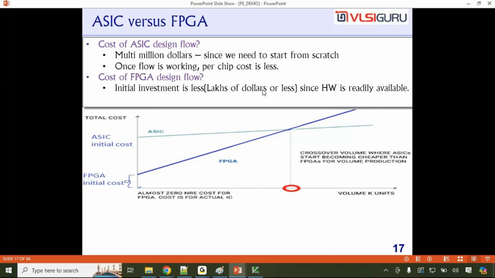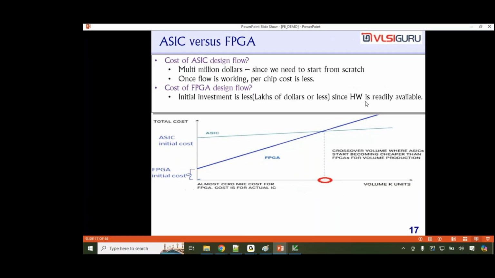It will only require lakhs of dollars, much less than ASIC. Why is it cheap? Because the hardware is readily available. You don't have to develop the hardware. You have to burn the hardware to behave like your requirement. But what is the problem with FPGA? The per-chip manufacturing cost is more.